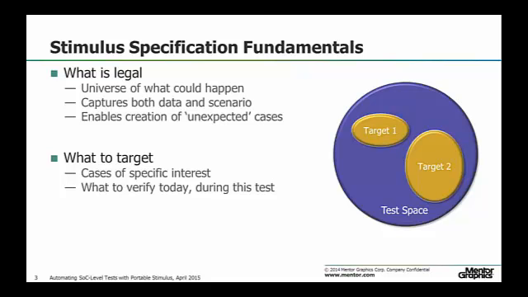So the second element that's shown here is the actual targets, the scenarios that you're interested in during this particular test. You select the areas of interest. What is the focus of this particular test that you're going to run? Now, please note that this is different from a directed test.